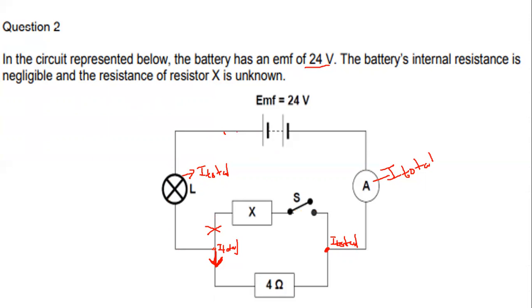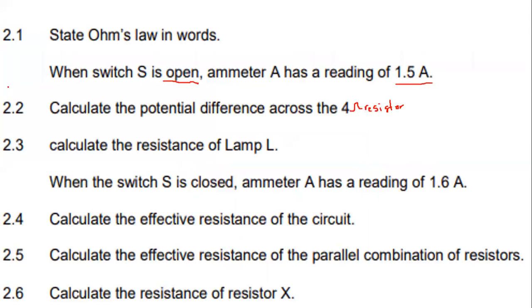No current goes there, so it's the total current there. So in this case, it means I have 1,5 amperes that is moving. So to get the potential difference there, meaning the voltage used there, I will say, and this is question 2.2.